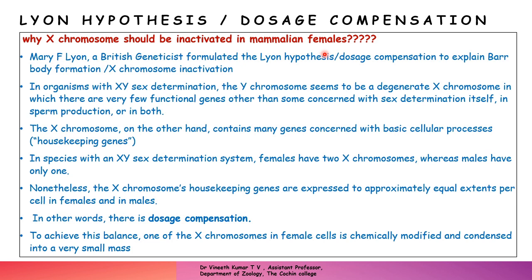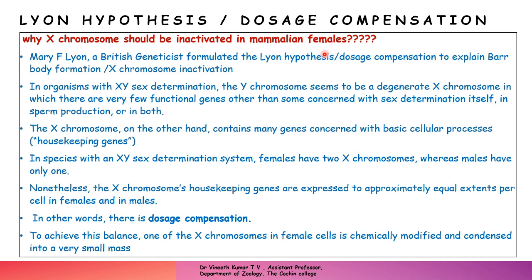The reason why the X chromosome is inactivated is to equalize the dose of genes present in males and females. If both the X chromosomes were completely active, there would be double the number of a particular set of genes in females when compared to males.